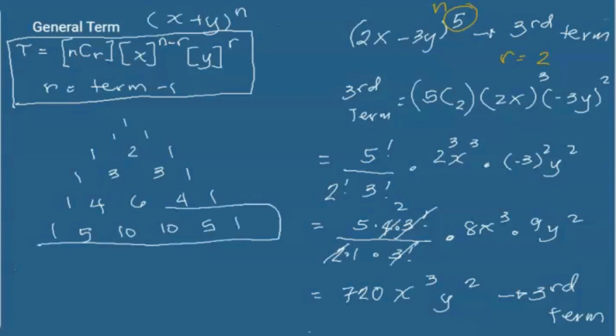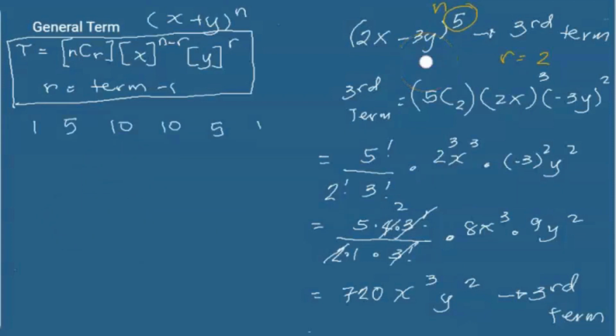So this is what we need for the binomial coefficient: 1, 5, 10, 10, 5, 1. Because it's the fifth power, we'll take the binomial coefficients of row 5.